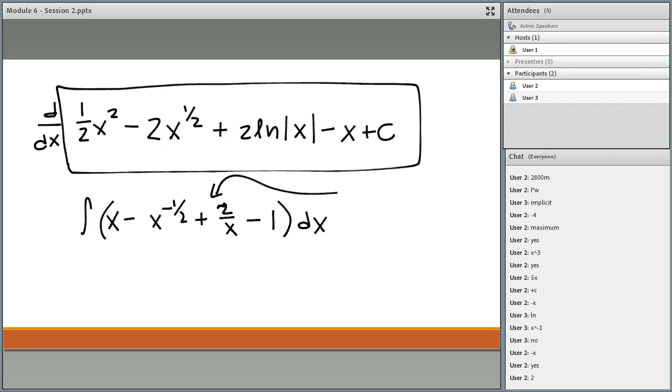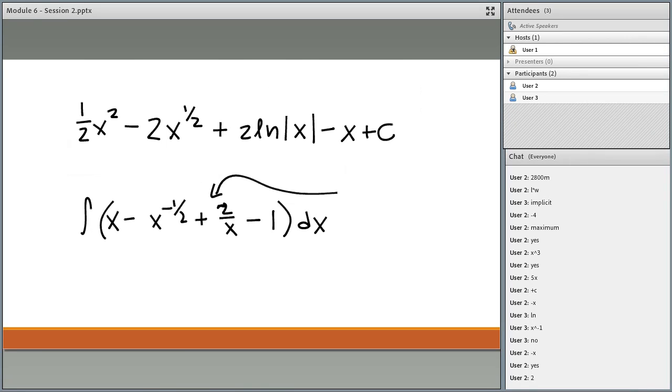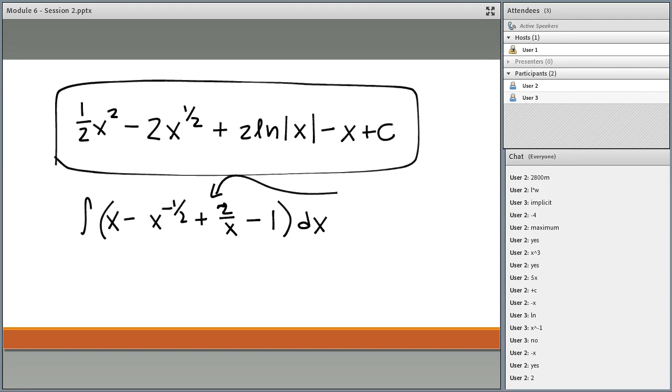And then the derivative of minus x is minus 1, and the constant would have gone to 0. So if you take the derivative of your answer, you should get back to the original question. And our original question was written a little differently, but once we simplified, this is where we got. So the answer in the box is our final answer.